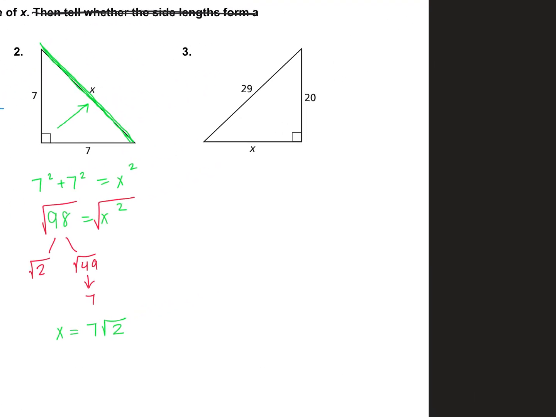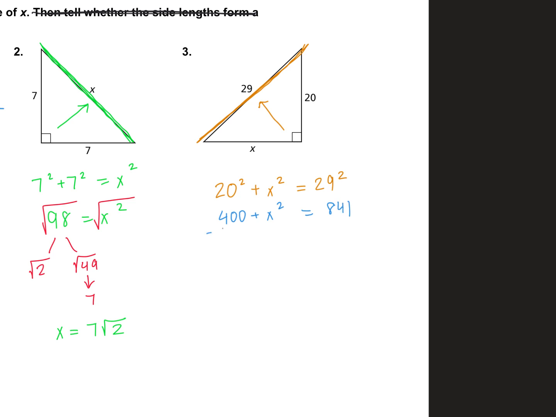And number 3, again, identify your hypotenuse. This is my hypotenuse. How do I know it's my hypotenuse? It's opposite of my 90 degrees. So for this one, I'm going to have 20 squared plus x squared equals 29 squared. And solving, 20 squared is going to give me 400, keeping that x squared equals 841.